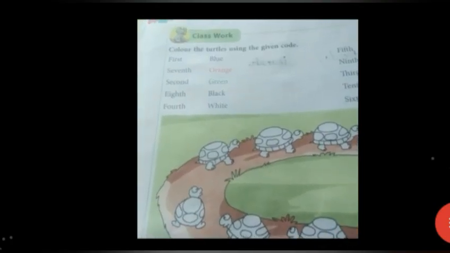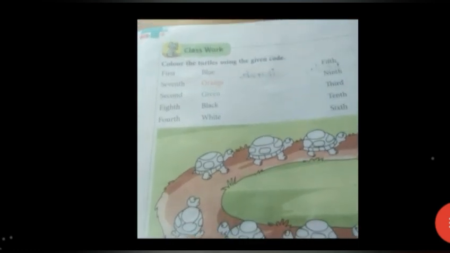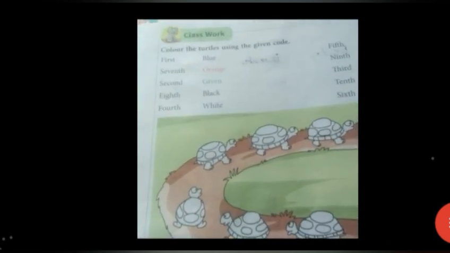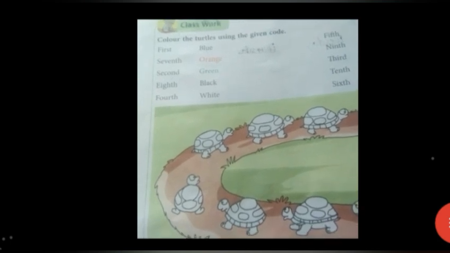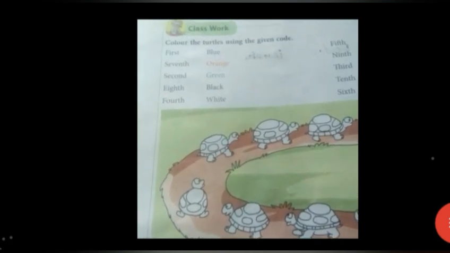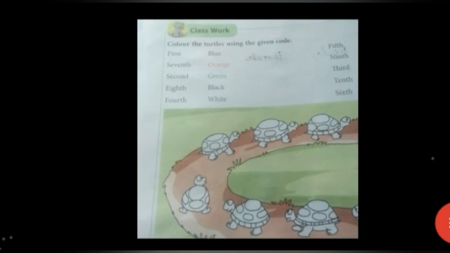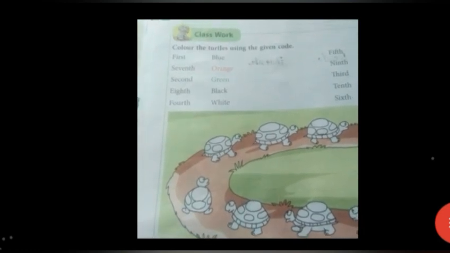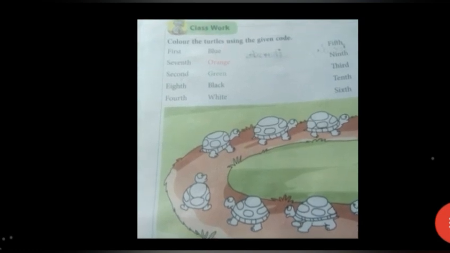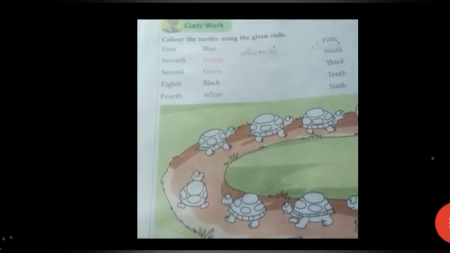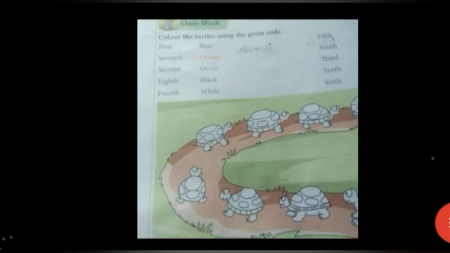Look children, be ready with your textbook, colors and pencil. Did you see the running race of animals? Did you enjoy that running race? Do you understand what ordinal numbers are? In your life you face ordinal numbers.